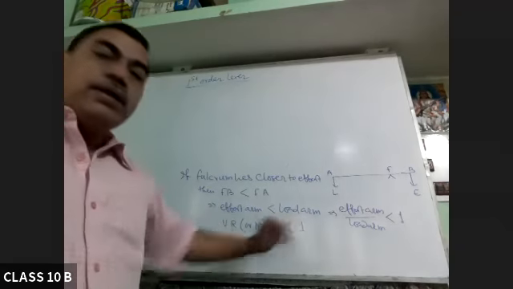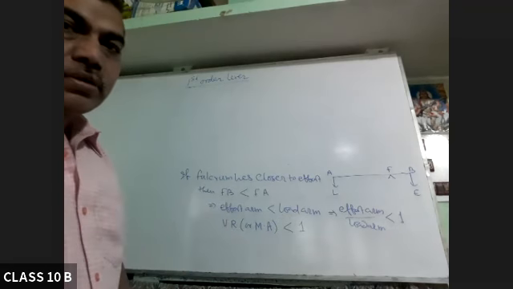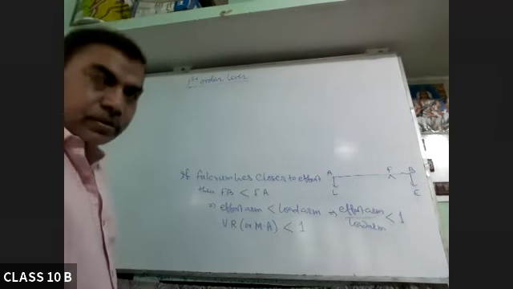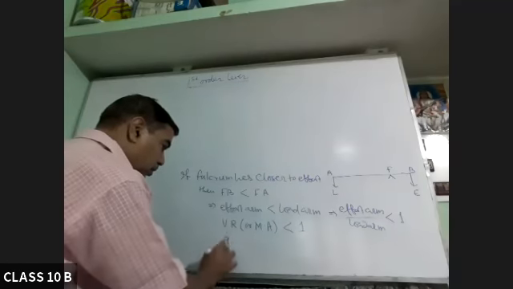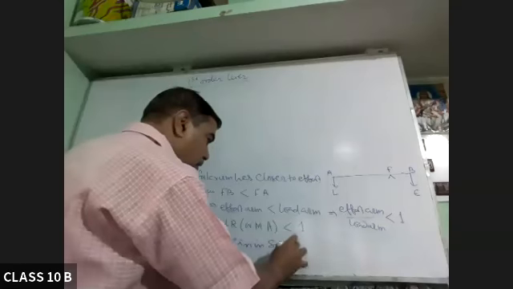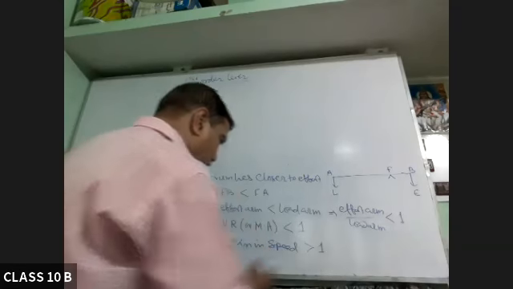So if VR is less than 1, then what will be the gain in speed? So gain in speed will be more than 1.